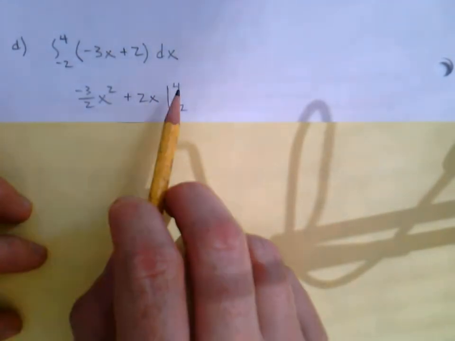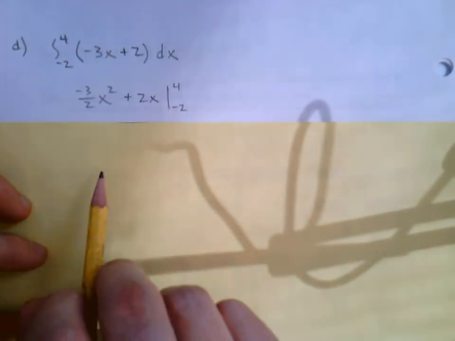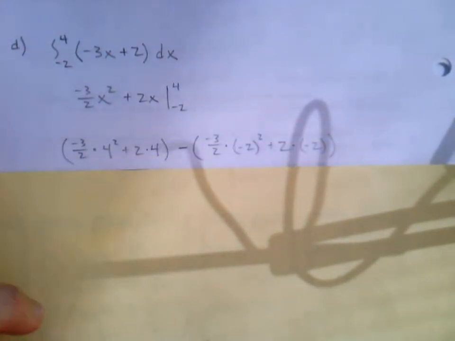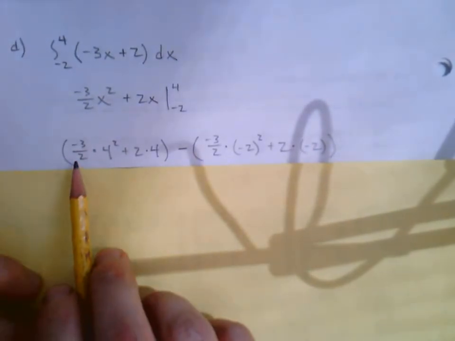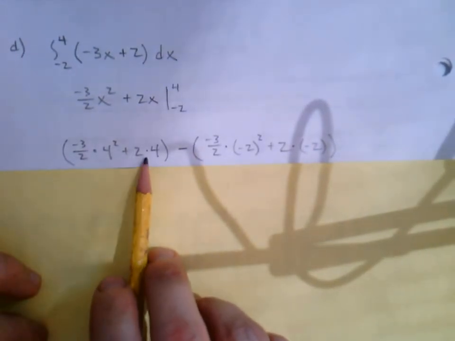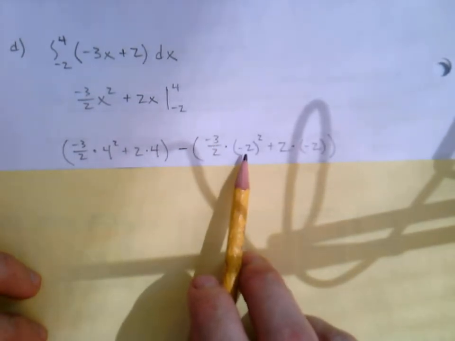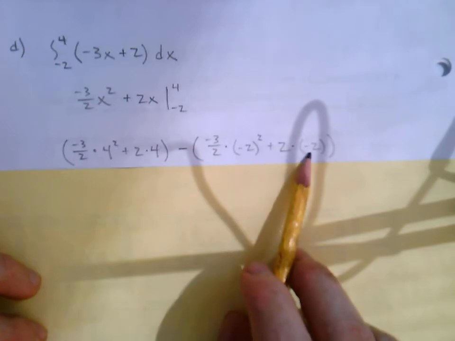Well, what are we going to do from here? We're going to plug in the 4, then we're going to subtract, and we're going to plug in the -2, like so. Ooh, that shadow's really getting us now. -3/2 times 4 squared plus 2 times 4 minus, big parentheses, -3/2 times (-2) squared plus 2 times -2.